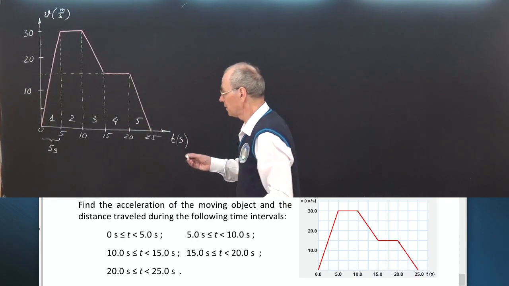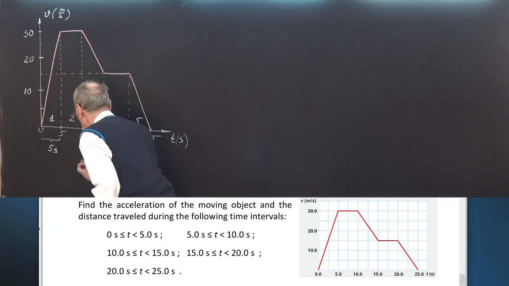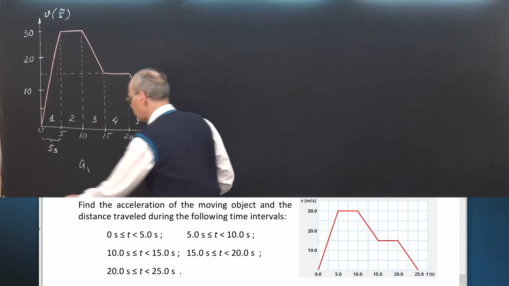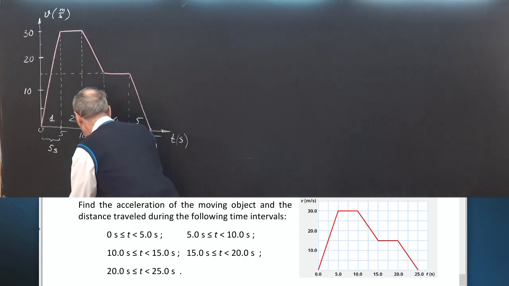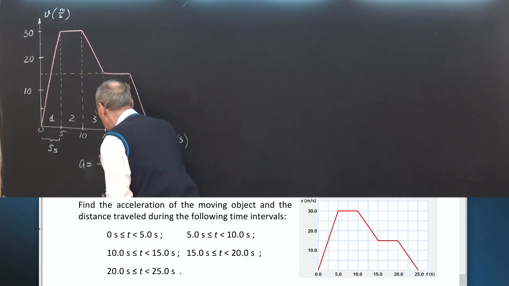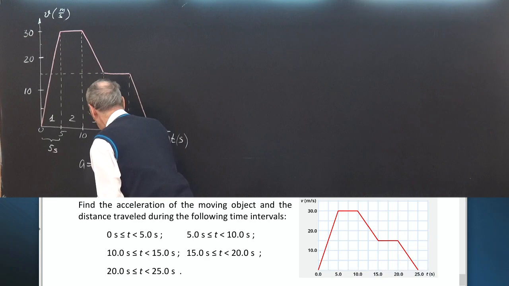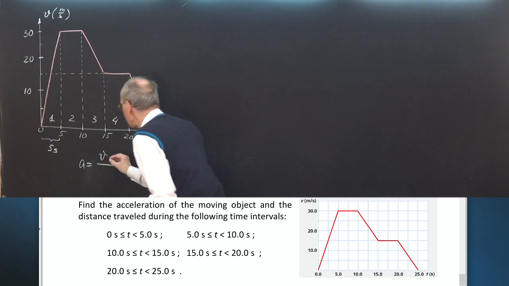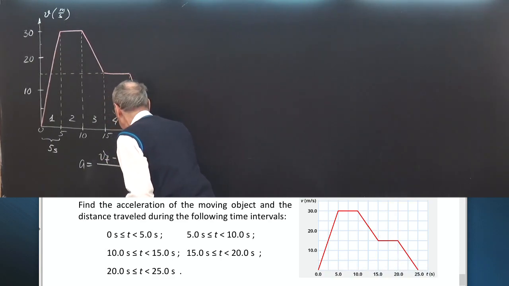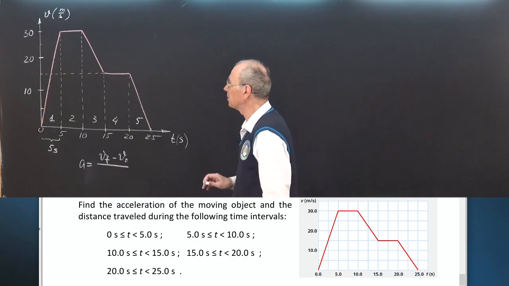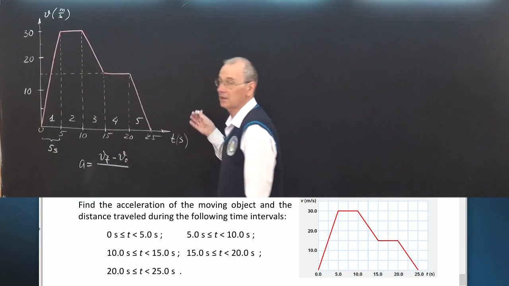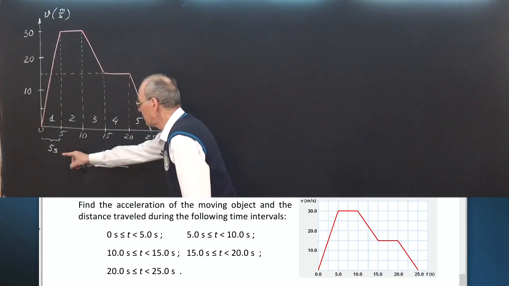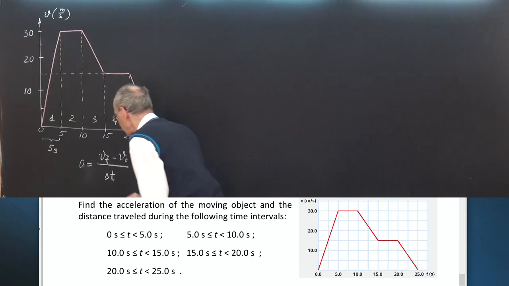And to find acceleration, we can use the formula a, acceleration, equals final velocity, or in our case we can say final speed, minus initial velocity or initial speed, because velocity doesn't change its direction, over time interval delta t.